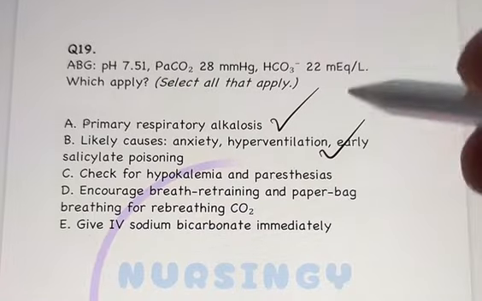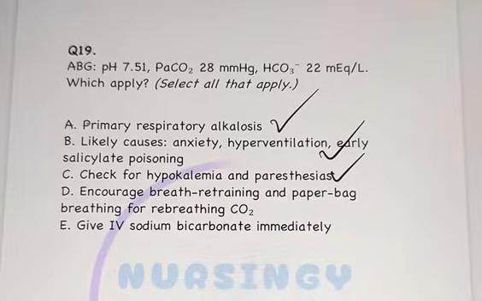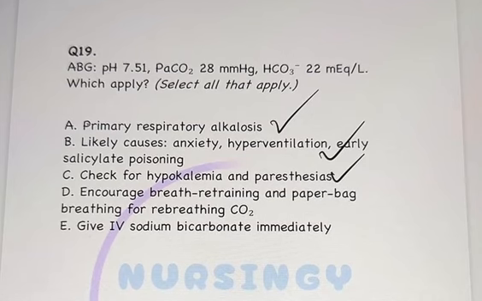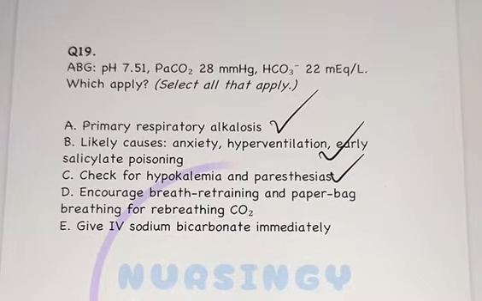Alkalosis can cause an intracellular shift, especially of potassium, and it can also decrease the calcium in the body. It can decrease the ionized calcium, and that can cause paresthesia. So C is correct.